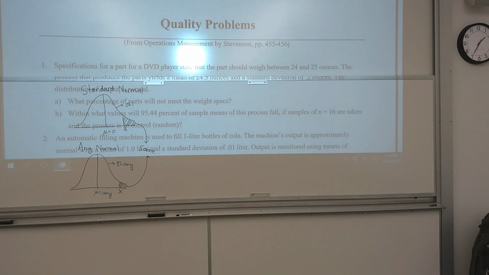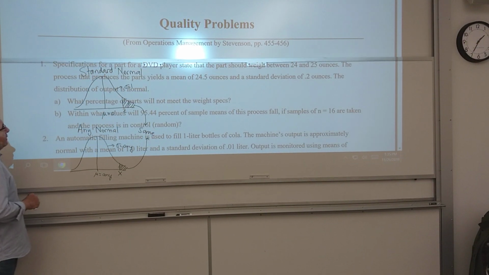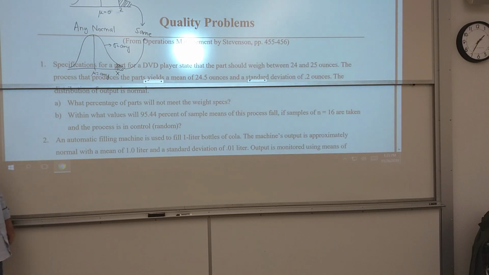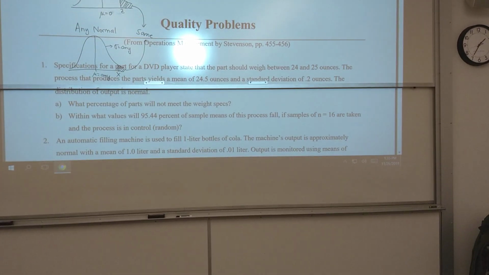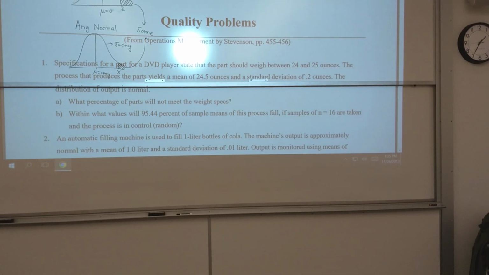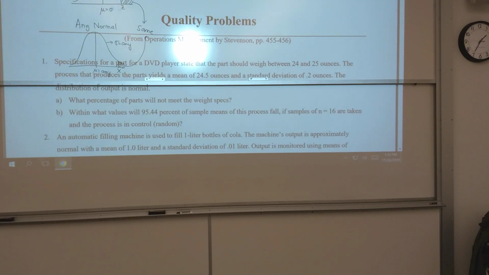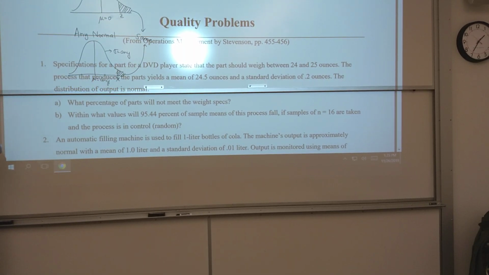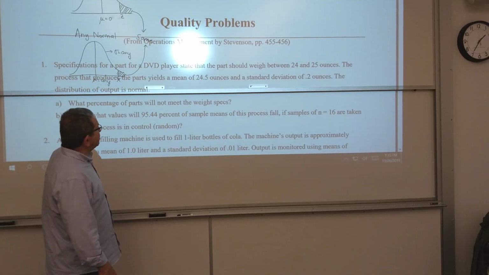Okay. So let's start with the questions. So the first question says, specifications for a part for a DVD player state that the part should weigh between 24 and 25 ounces.